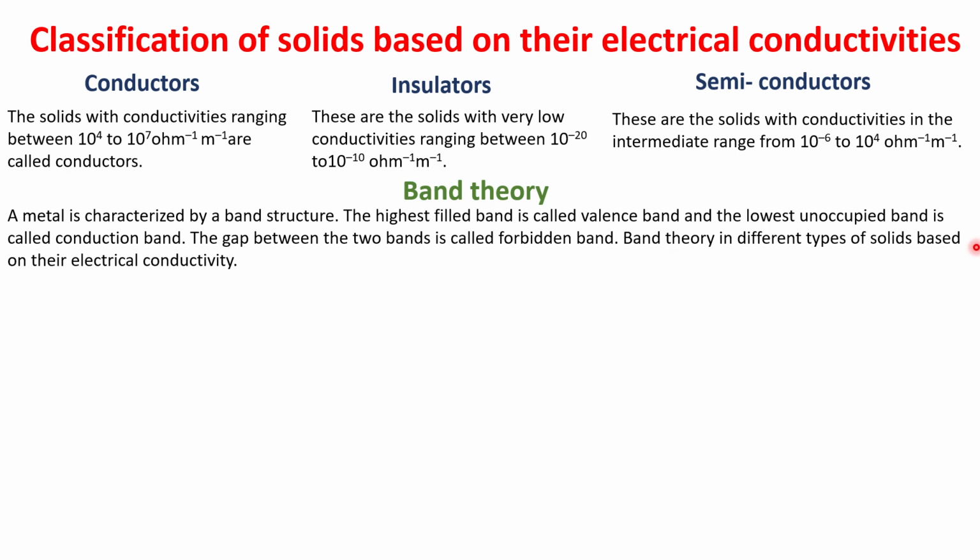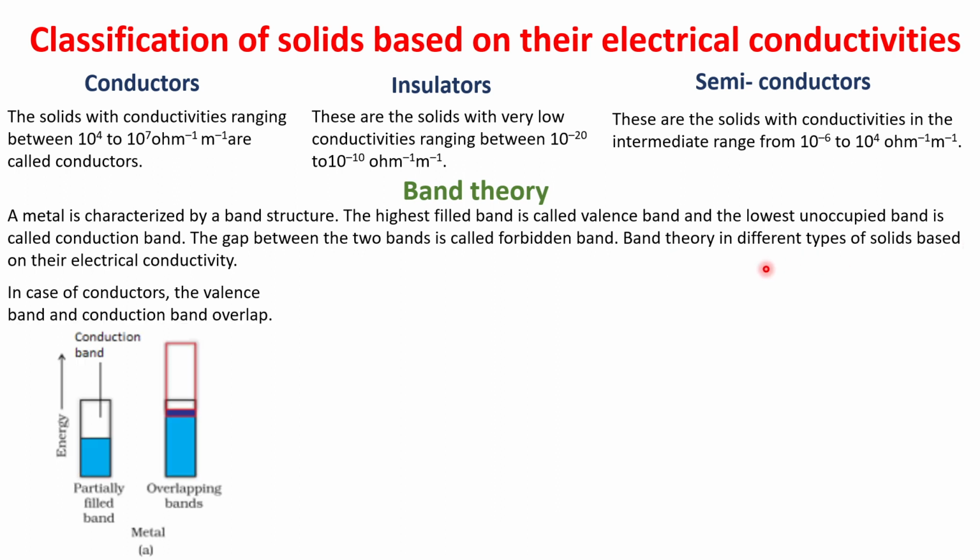Band theory explains different types of solids based on their electrical conductivities. The blue one is basically the valence band where the electrons are present. How will they conduct electricity? At some point, electrons will be present.